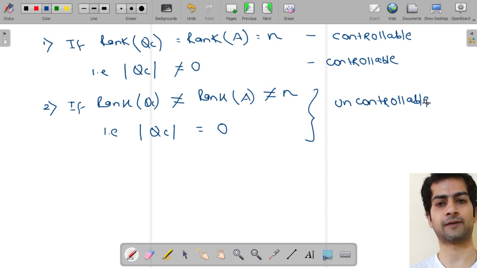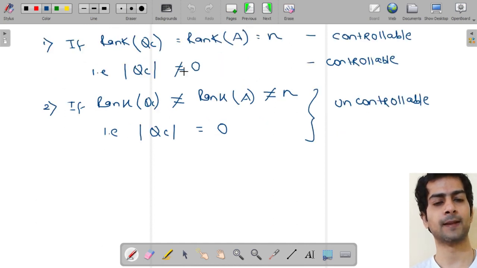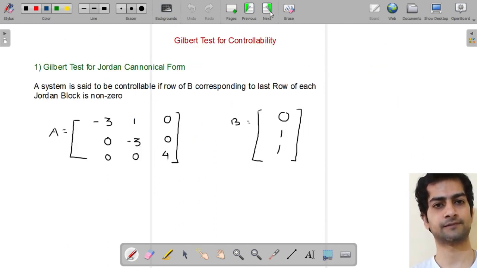So these are the conditions for system to be controllable. This is our conventional method. A matrix will be given, B matrix will be given. We have to form controllable matrix, and then we have to find its determinant, and you can state whether it is controllable or not.